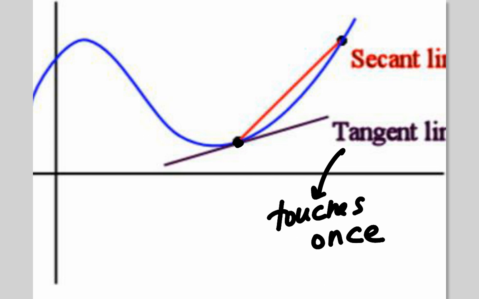Whereas the secant has a starting point and an ending point, and then you draw the line that connects the two points, and this is an average speed, okay? Maybe the speeds are a little bit different here, a little bit different here, a little bit different here, but that secant gives you the average of all those different instantaneous speeds.